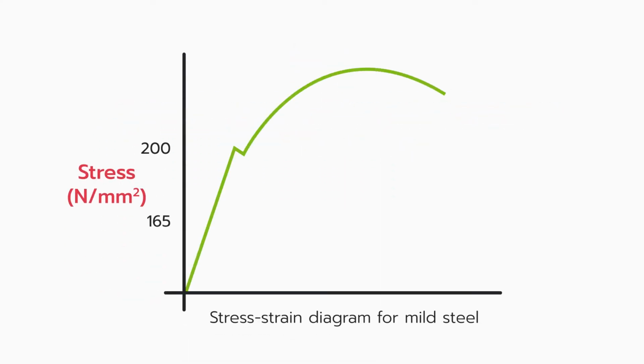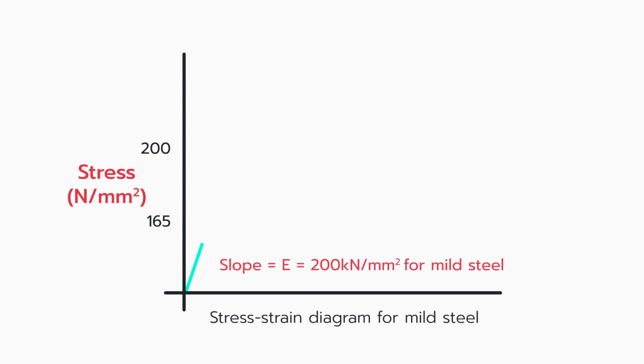Here, a graph is shown with the vertical axis labelled stress and the horizontal axis labelled stress-strain diagram for mild steel. The graph starts at the intersection of the axis as a straight line sloping upwards to the right. Along this straight section of the graph, the point where stress equals 165 is labelled max permissible stress.